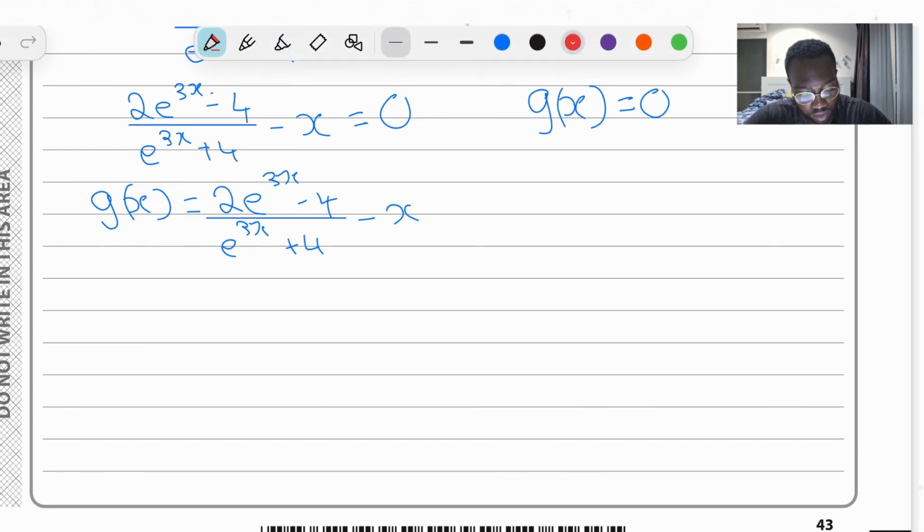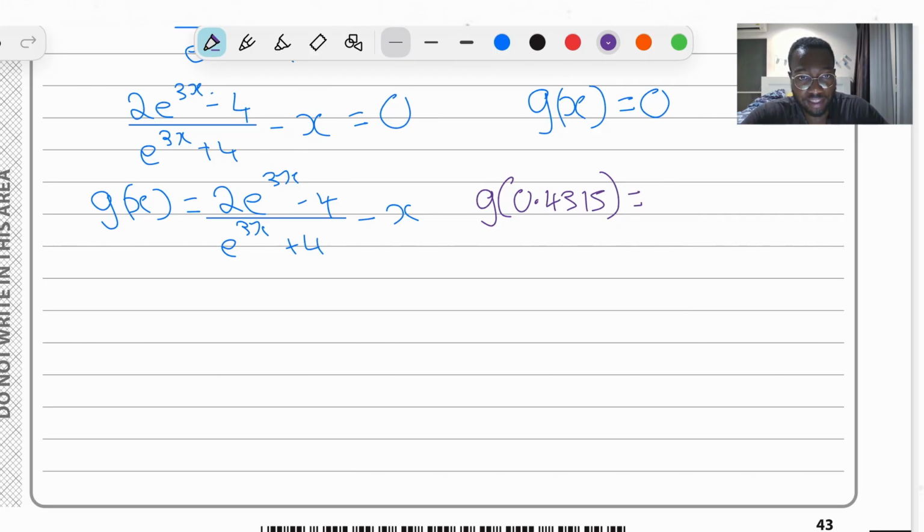Okay, so let's do that here. If we substitute 0.4315 into x, so into the function, we get (2e^(3 times 0.4315) - 4) over (e^(3 times 0.4315) + 4) minus 0.4315.